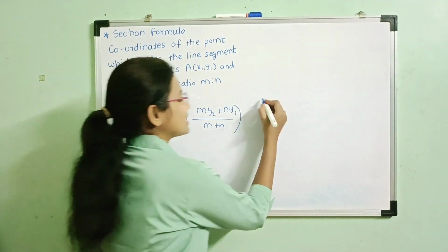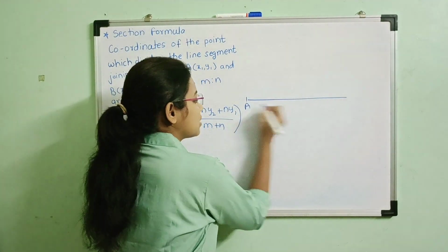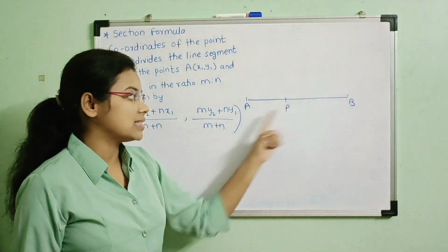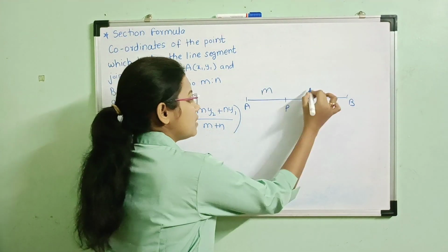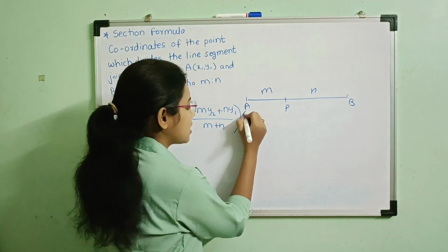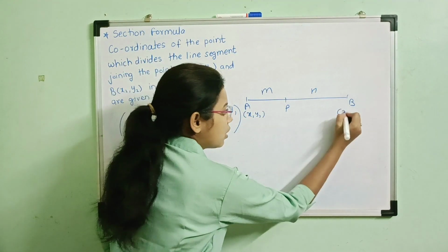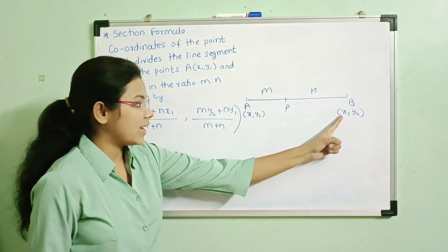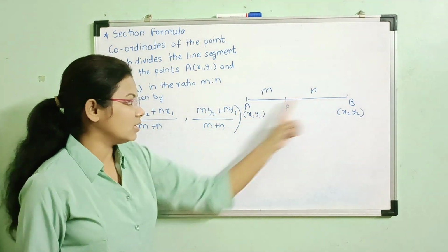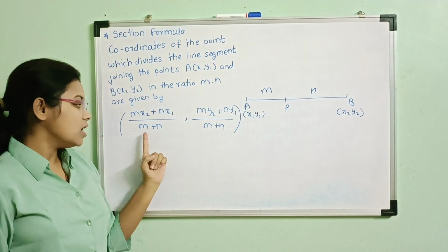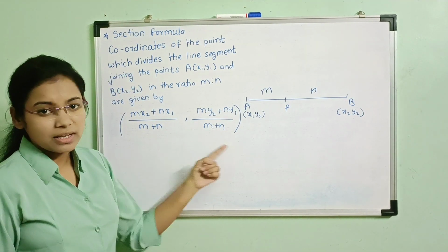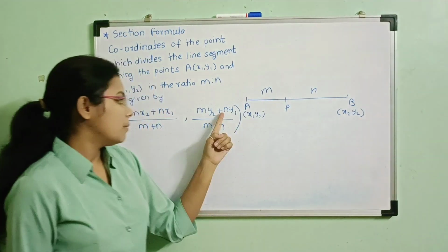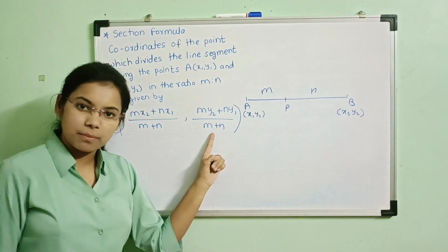It means what we are exactly doing: if this is the line segment A and B, if this is the point P which is dividing the line segment AB in the ratio m is to n, and the coordinates of A are x1, y1 and the coordinates of B are x2, y2, then the formula is mx2 plus nx1 divided by m plus n, and the y coordinate will be my2 plus ny1 divided by m plus n.